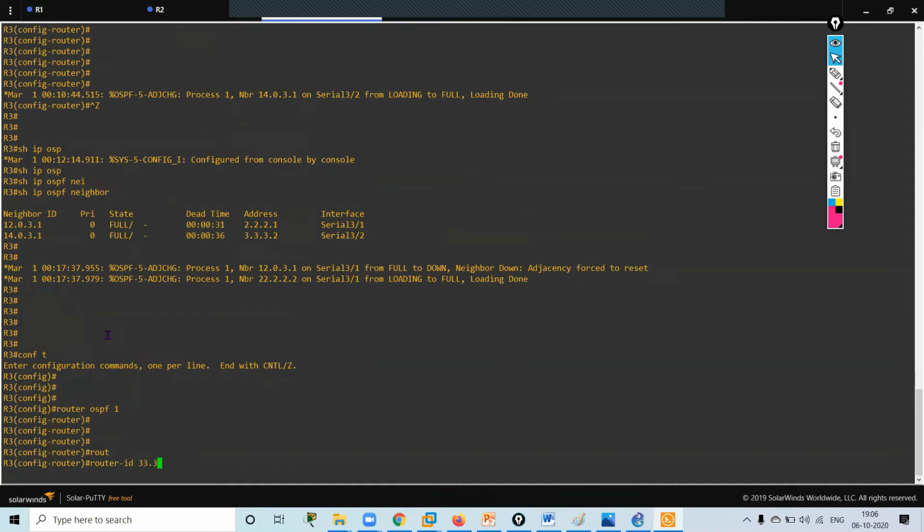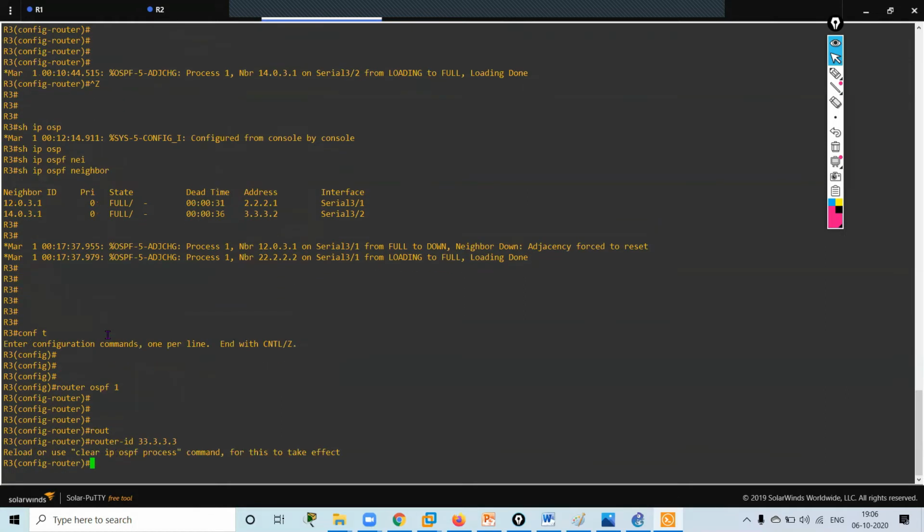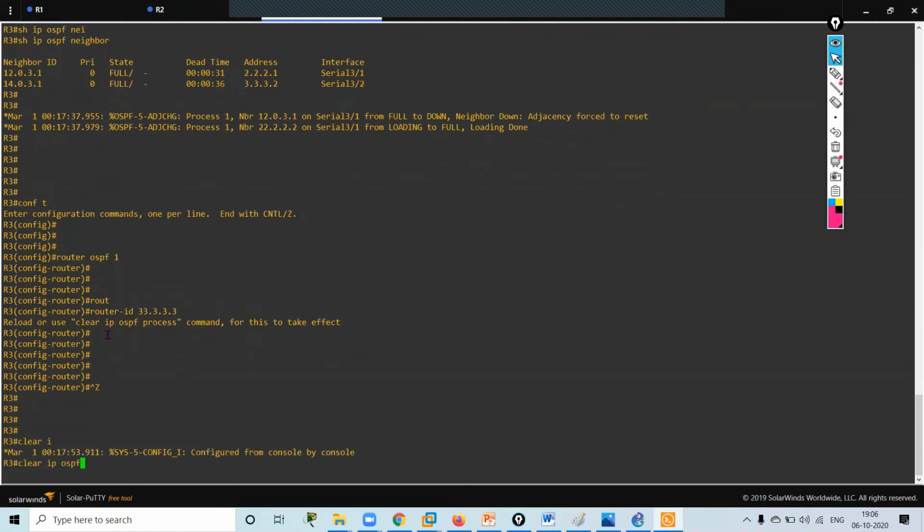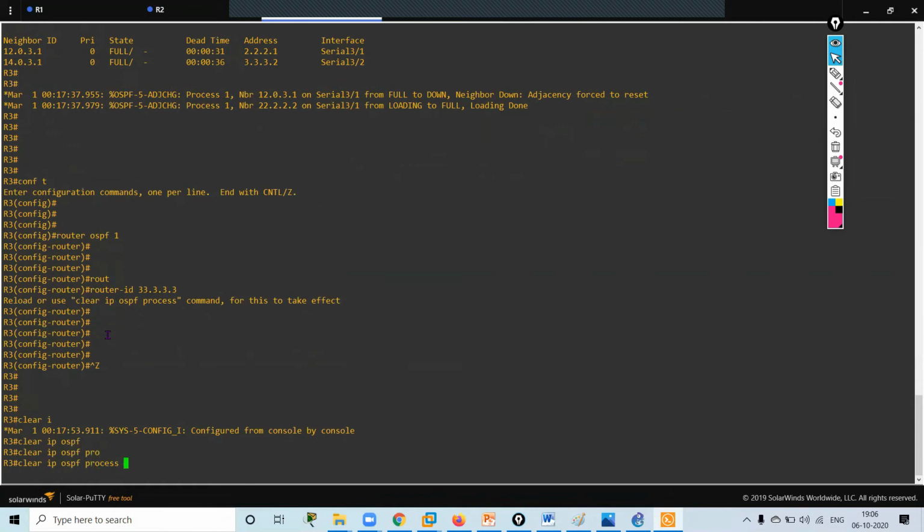On R3, router-id 3.3.3.3, clear ip ospf process.